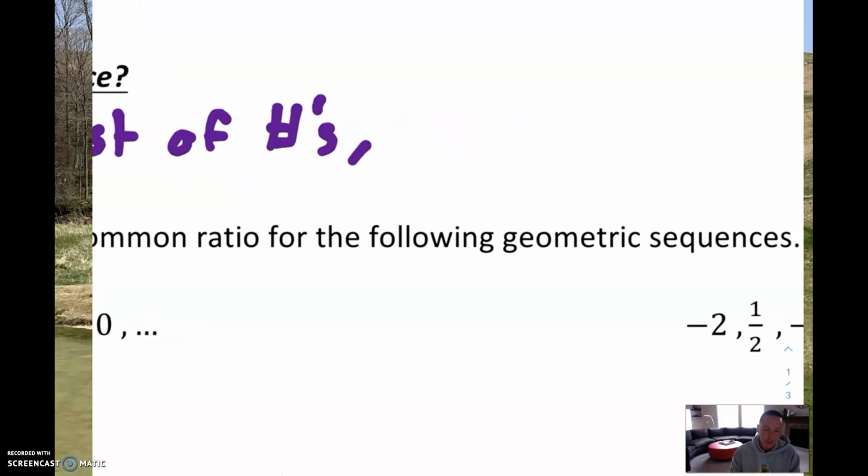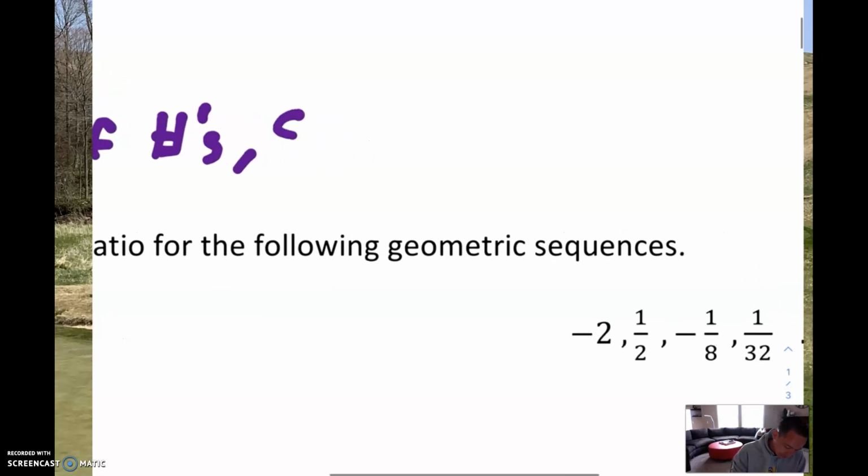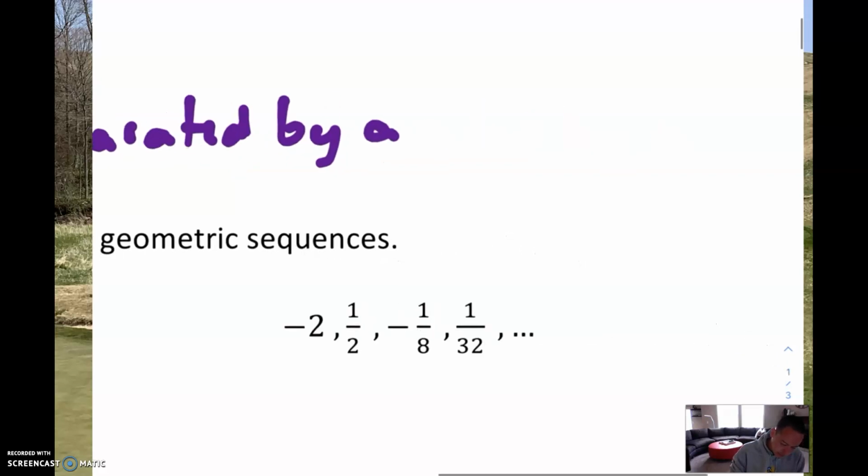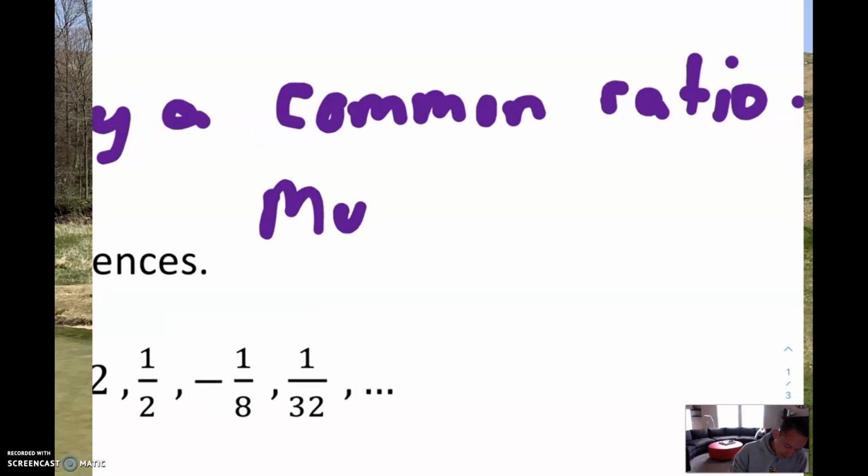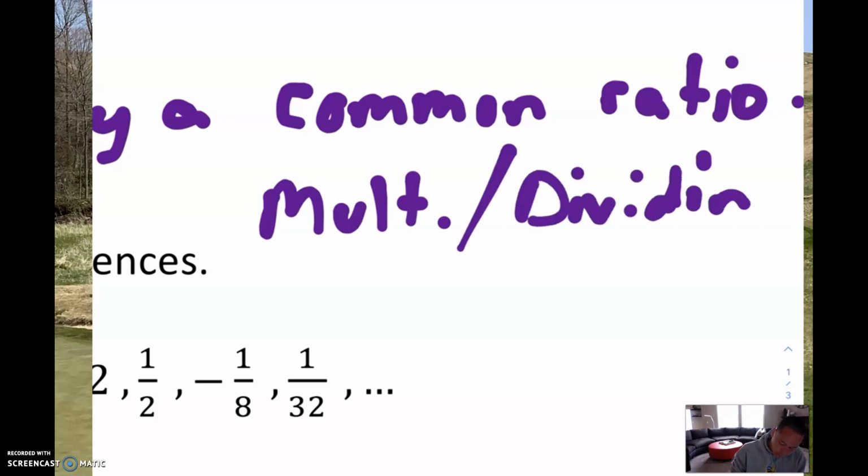So these numbers are going to be separated by what's called a common ratio. And basically all that means is it is multiplying or dividing to get from one term to the next term.